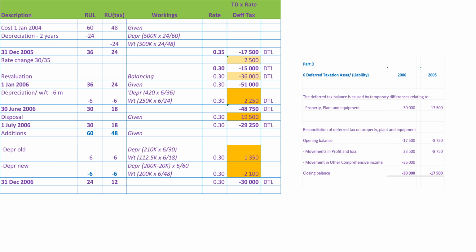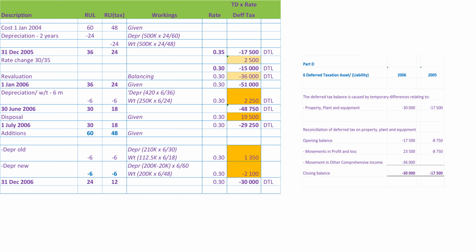You can either do it this approach, where you have profit or loss as your balancing figure, or you can easily sum up the cells that are shaded in light yellow as well as dark orange. But remember to ignore the 36,000. So you would sum up 2,500 plus 2,250 plus 19,500 plus 1,350 minus 2,100 to give you a total of 23,500.